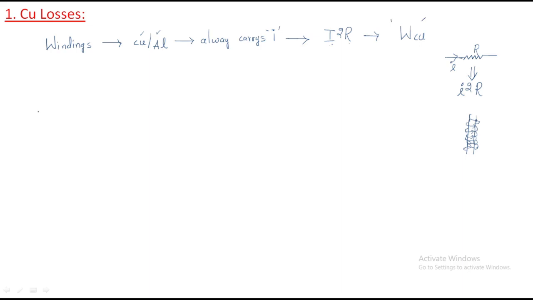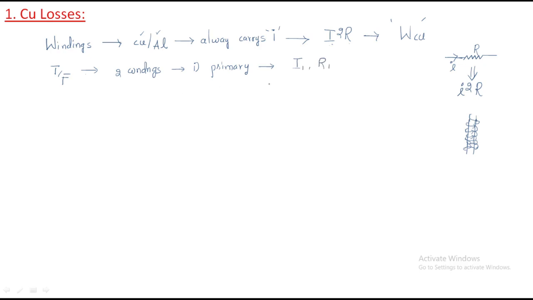Generally, our transformer has two windings. The first winding is the primary winding. The primary winding has the primary current I1 and primary resistance R1.